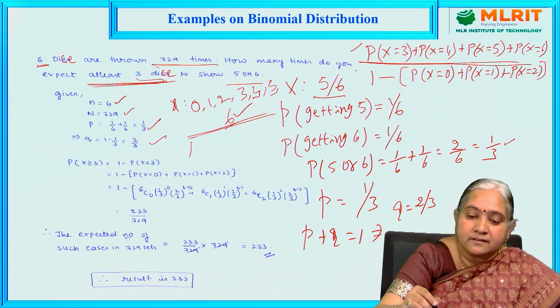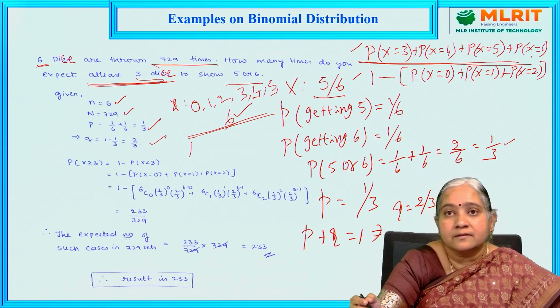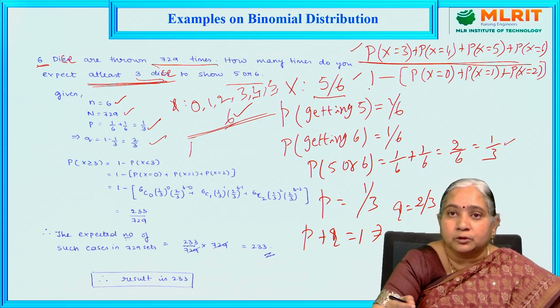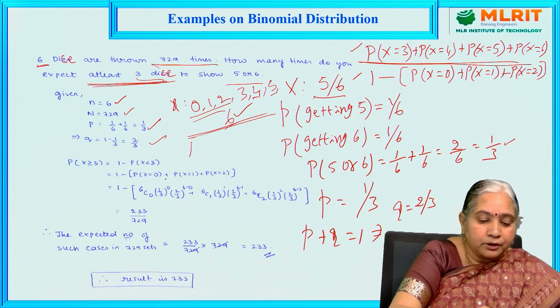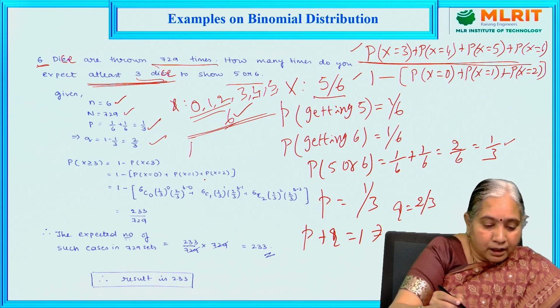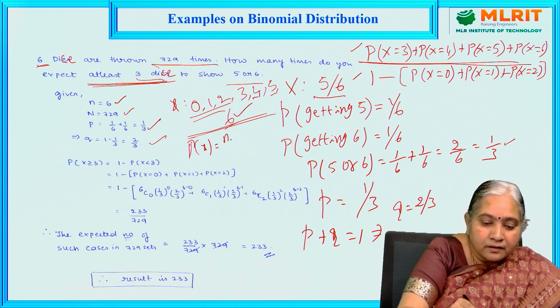Both the cases are same. You can find all these probabilities, or we can take the total probability and subtract the remaining missing values of X, that is 0, 1, 2. Find all the probabilities, and the probability mass function is P of X equal to nCx p power x q power n minus x.